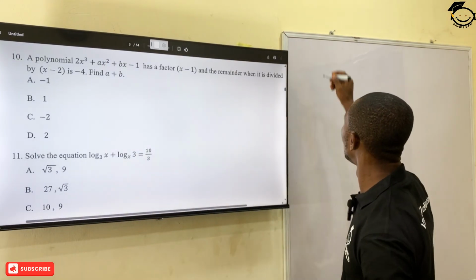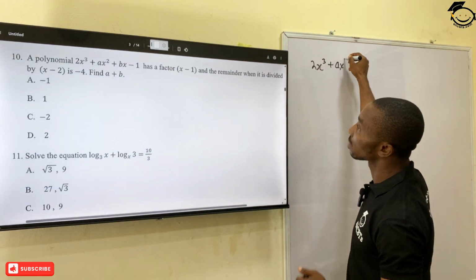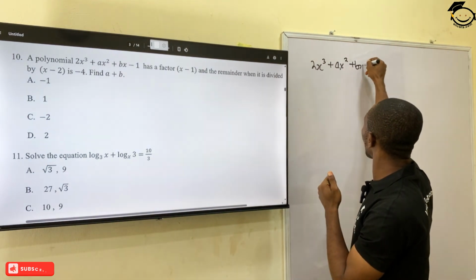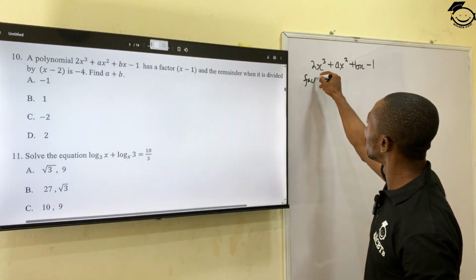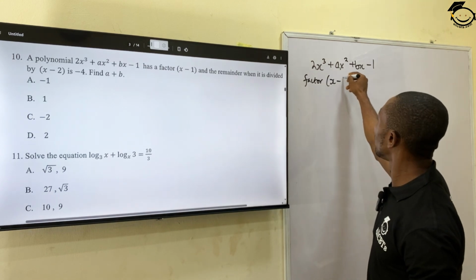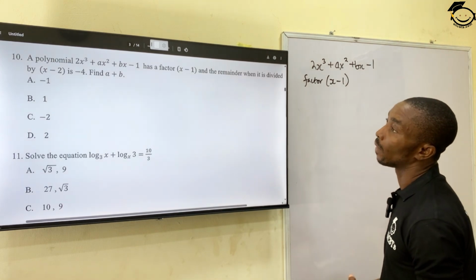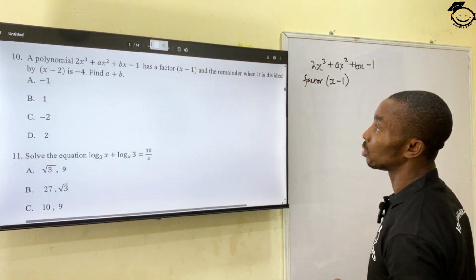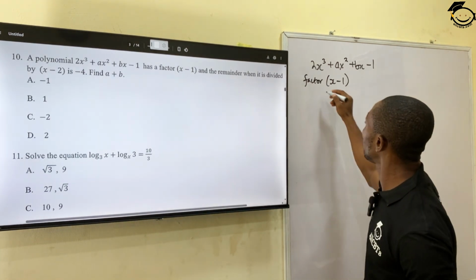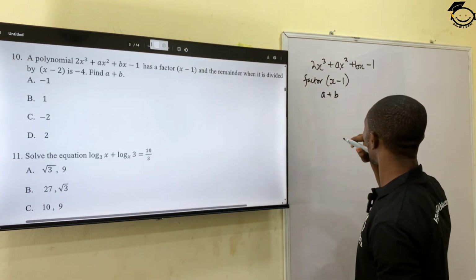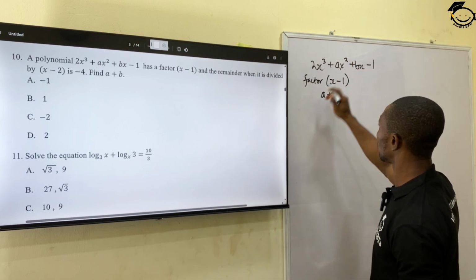A polynomial 2x cubed plus ax squared plus bx minus 1 has a factor x minus 1, and the remainder when it is divided by x minus 2 is minus 4. Find a plus b. Since we're looking for a plus b, first of all, substitute our factor into this polynomial.